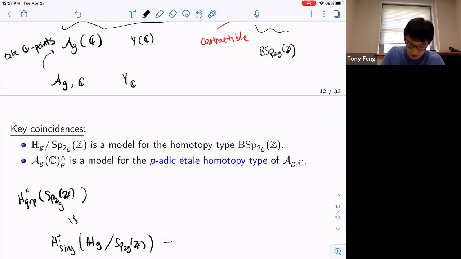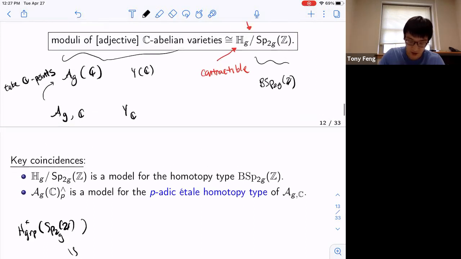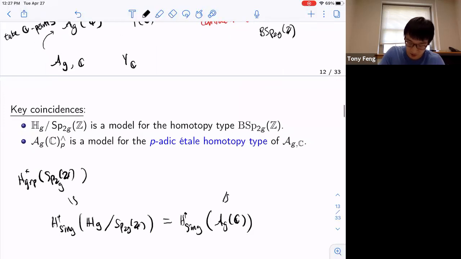On the other hand, I identified this with the singular cohomology of A_g(C). And my statement here is that because these are the complex points of an underlying algebraic stack, this is identified with the étale cohomology of that algebraic stack. Okay, so at this stage, before this we could have put any coefficients, but now we had better put some sort of p-complete coefficients.